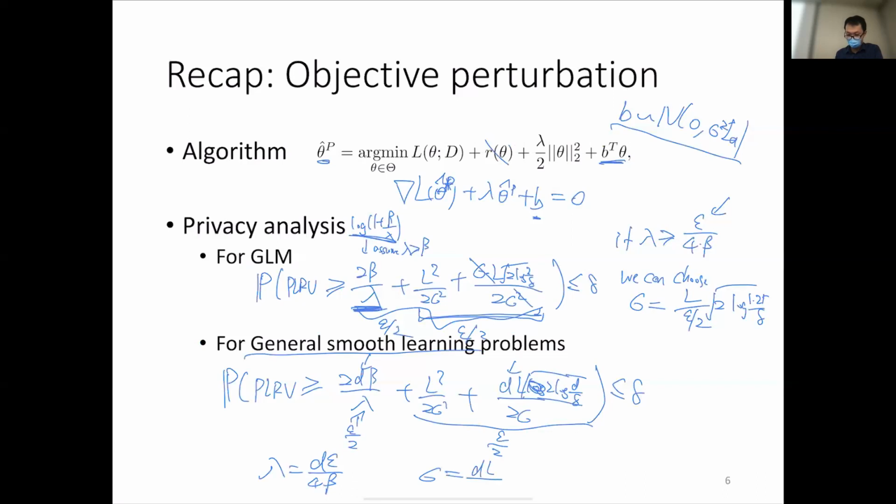So that will ensure that both terms are smaller than half epsilon. I think I missed this factor of d in the log, but that doesn't matter that much.